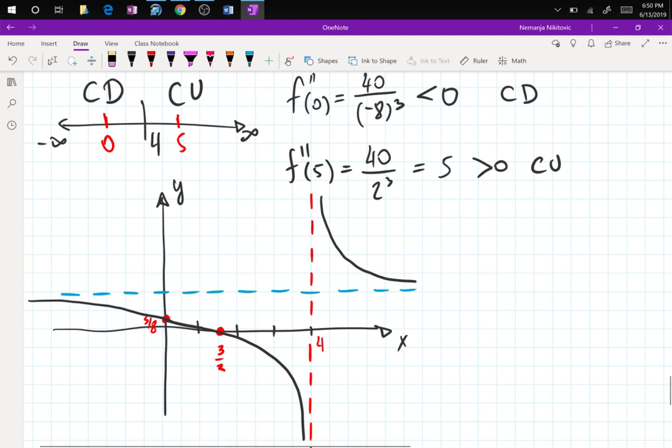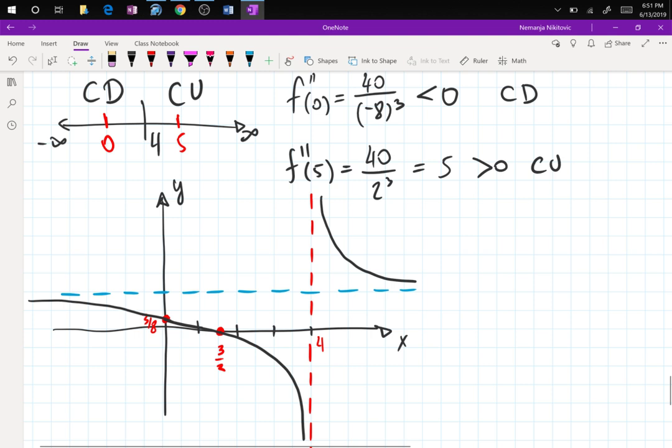Now you go to Desmos and you graph it. So the top is 2x minus 3 divided by 2x minus 8. And there it is.